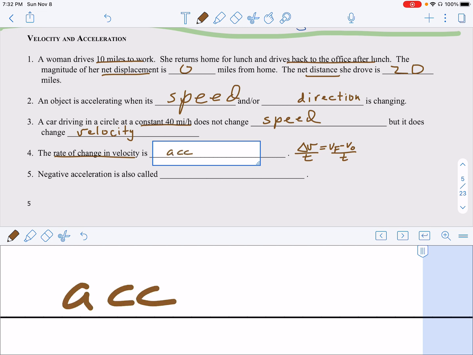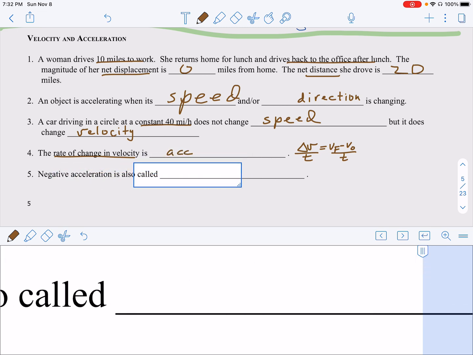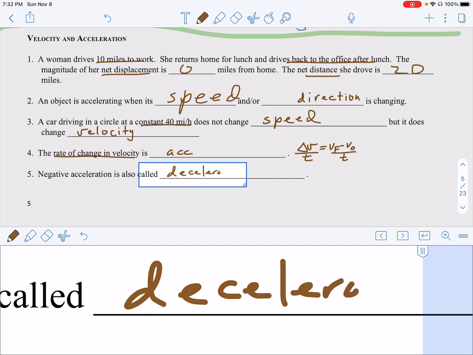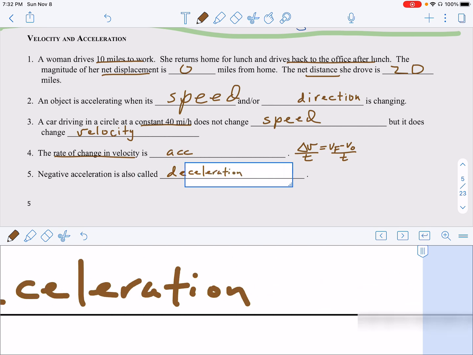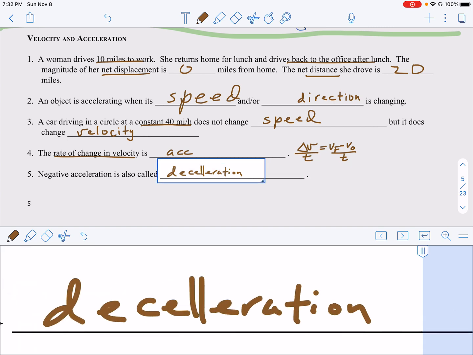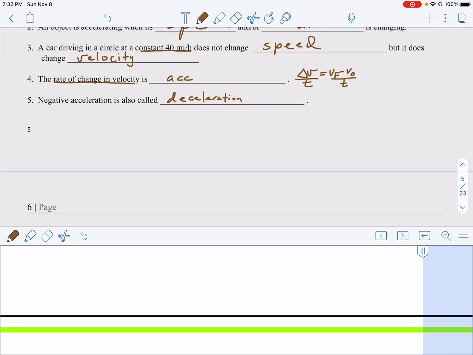Acceleration. Negative acceleration is called, well, we don't use this term, deceleration. I think there's only one L in there. We don't use that term anyway.